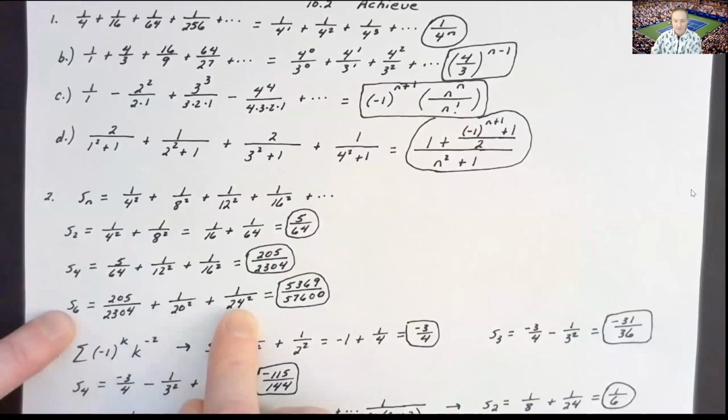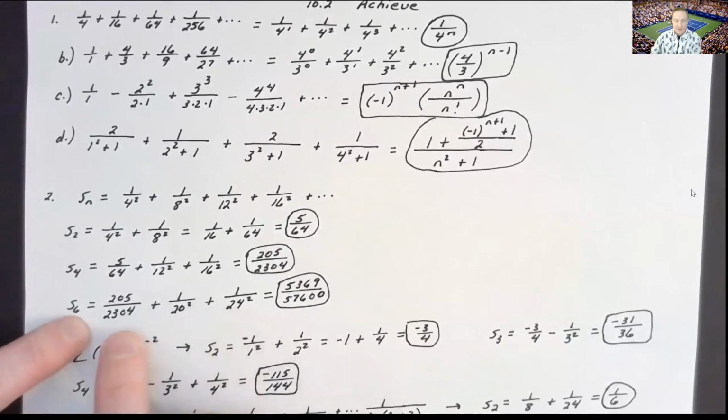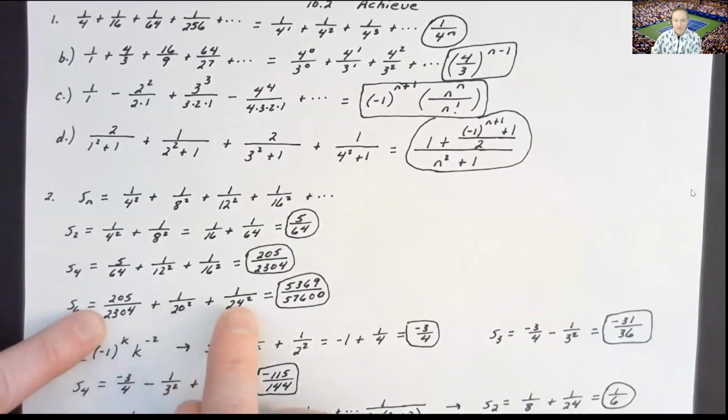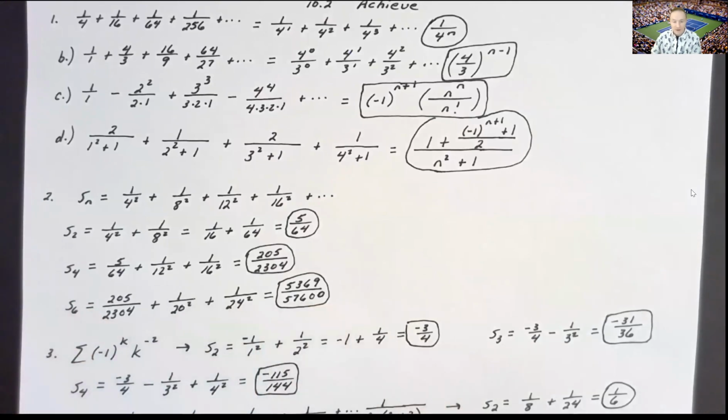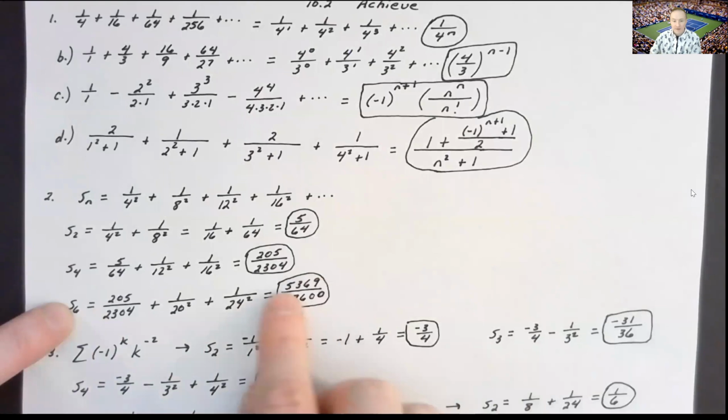So the sum of the first 6 numbers, s sub 6, would be the sum of the first 4 plus the fifth plus the sixth term. And again, I just simplified that to fractional form and got 5,369 over 57,600. Pretty nice. Now, I think in that one, my calculator gave me some distress in converting it to a fraction.